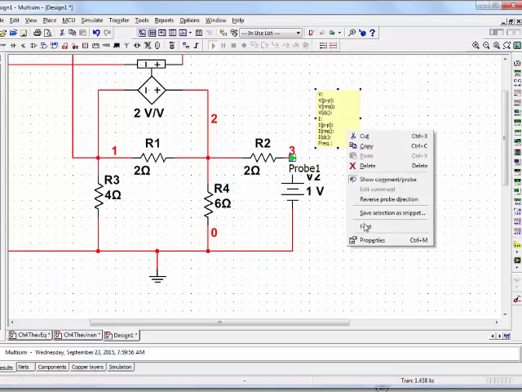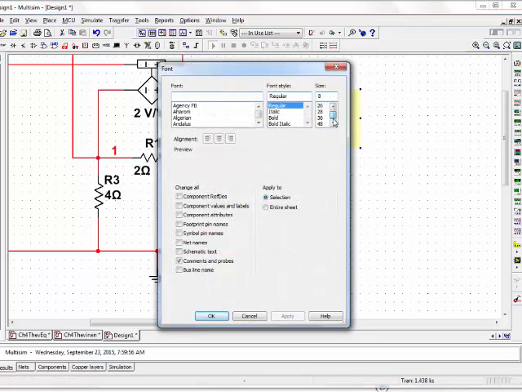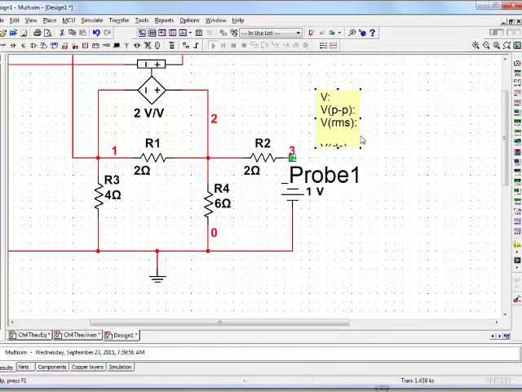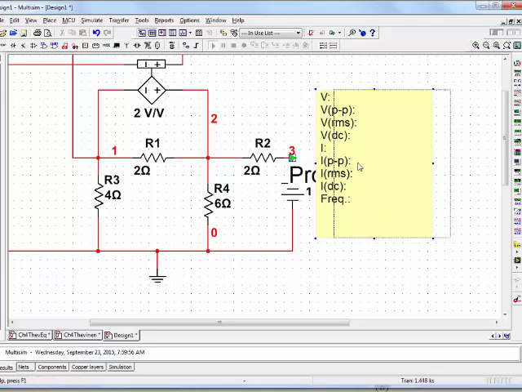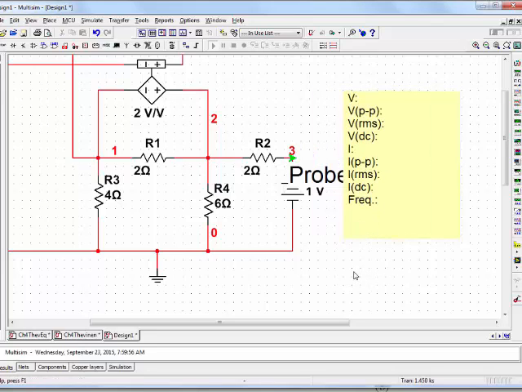Let me make it so you can see it. Okay, I think you'll be able to see the output now. Well, you know what the voltage is going to be, so really it's a matter of what the current is going to be there, correct?